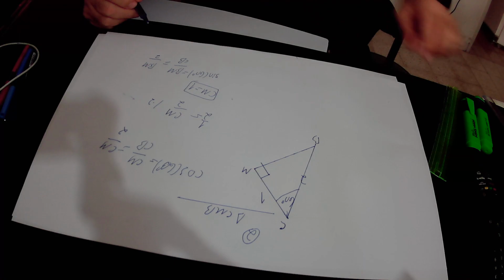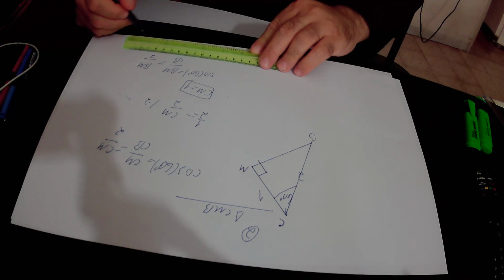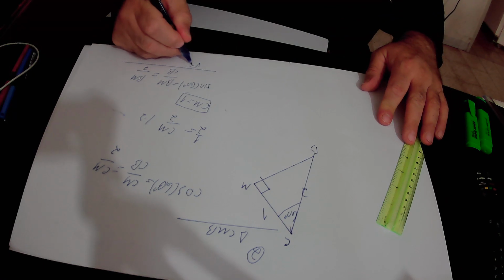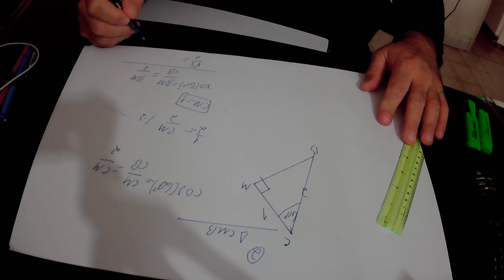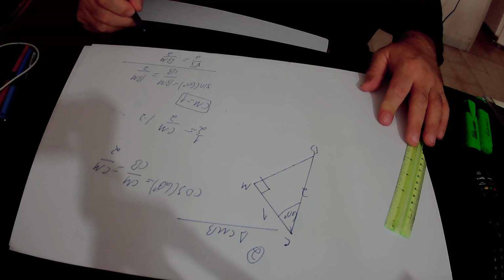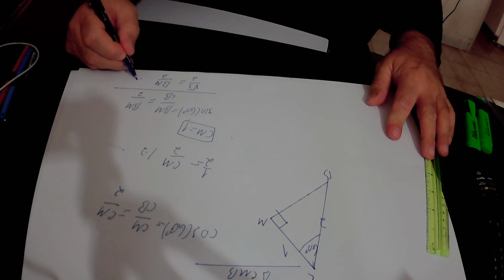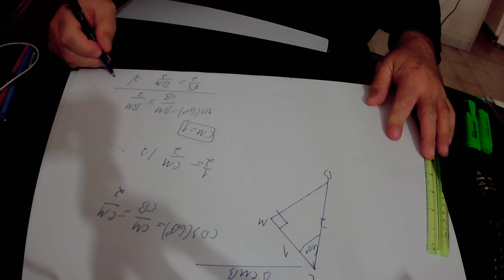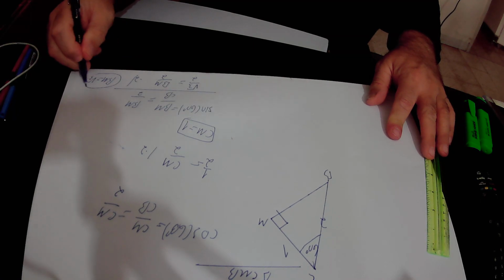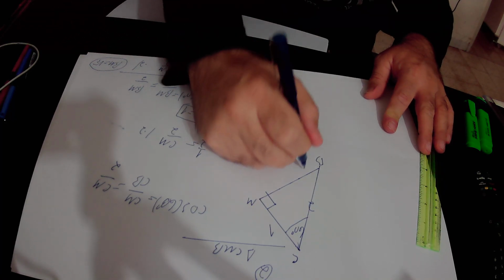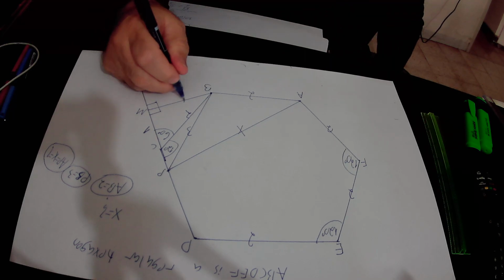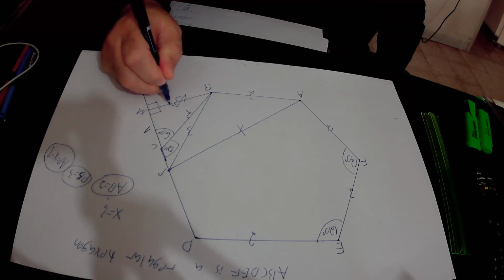Sine 60 degrees is equal to square root of 3 over 2, so we substitute it, and it equals BM over 2. Here we multiply this equation by 2, and we get that BM equals the square root of 3 units. You can write down here that BM equals the square root of 3 units.